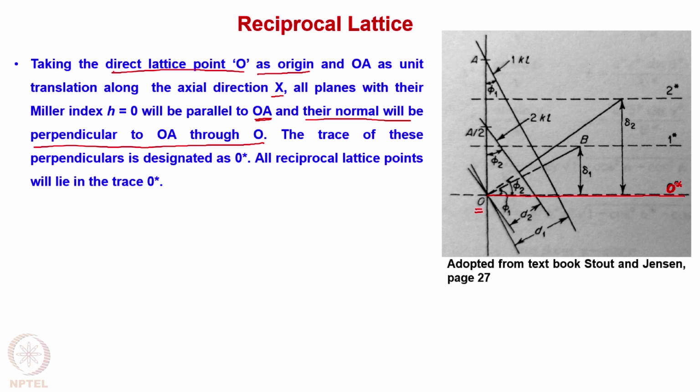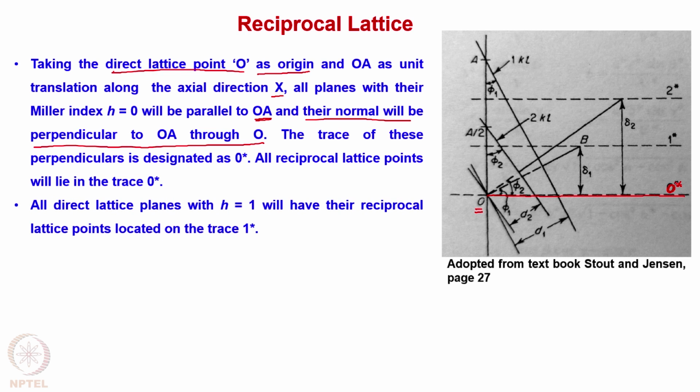Similarly, all the direct lattice planes with h equal to 1, which means the direct lattice plane is now passing through A and goes like that, have the h index of 1, and the other two indices can be k and l, which is written here as well, the 1kl set of planes.